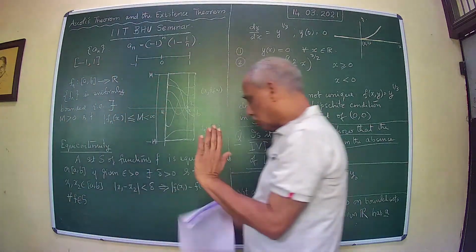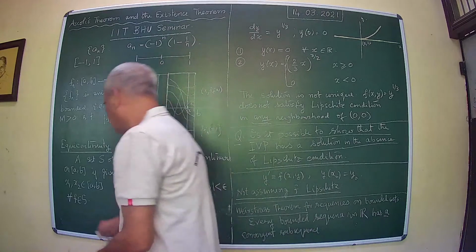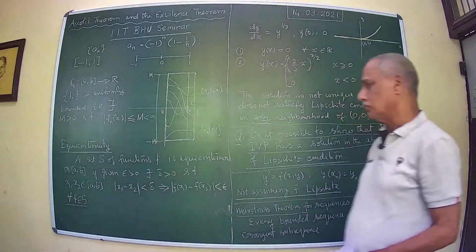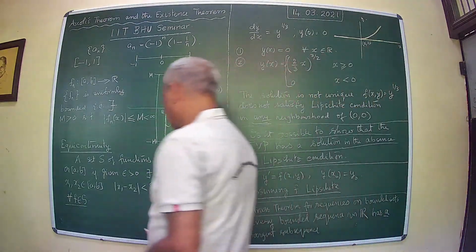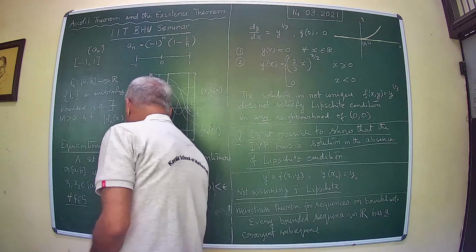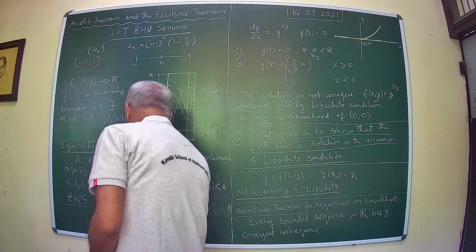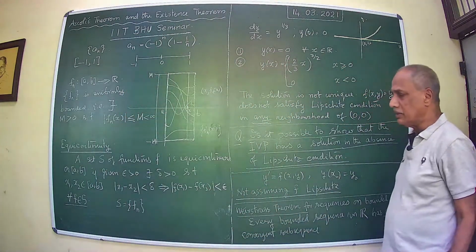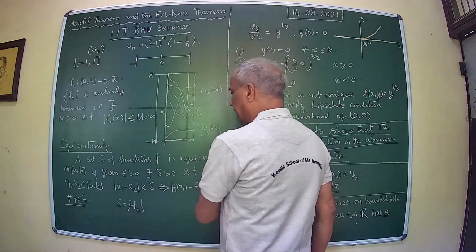So the point is that we are putting the condition that it holds for every f belonging to S. Now, if S is the sequence of functions f_n, then we talk about the equicontinuity of this. Corresponding to epsilon, there exists a delta.